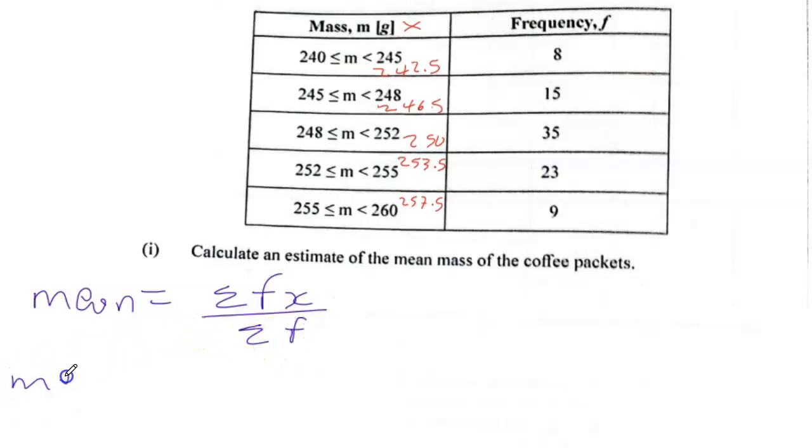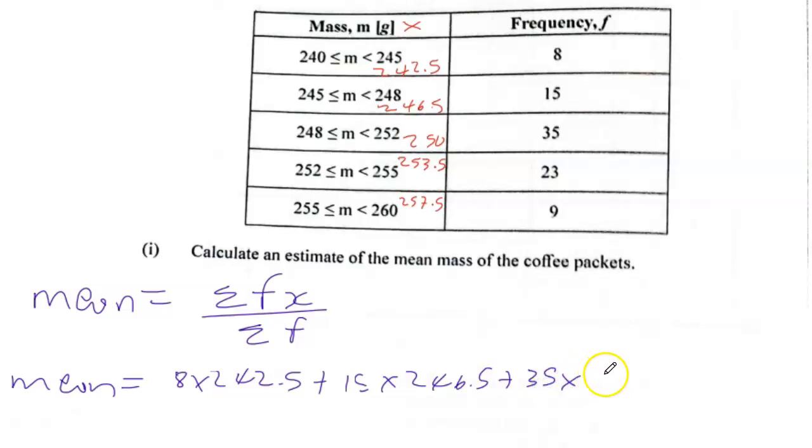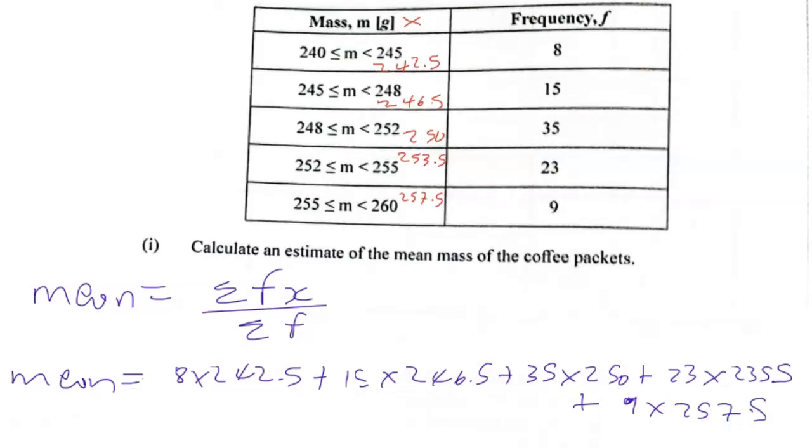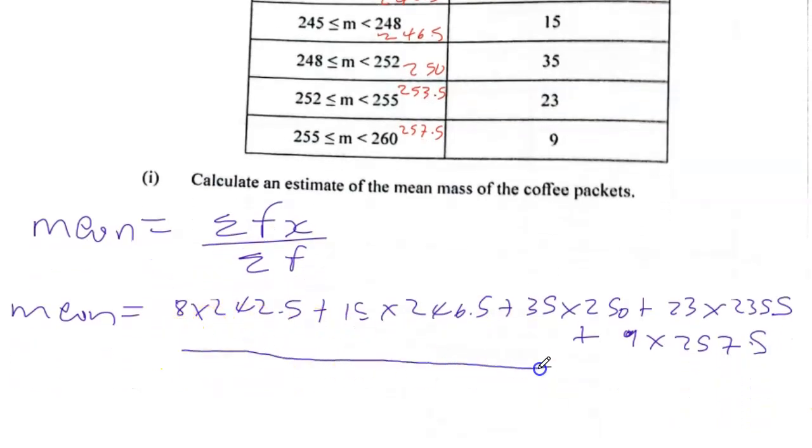So f times x, so 8 times the mid-interval there, so 8 times 242.5 plus 15 times 246.5 plus 35 times 250 plus 23 times 253.5 plus 9 times 257.5, divided by the sum of the frequencies, which is 90.